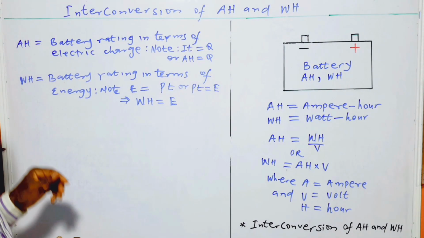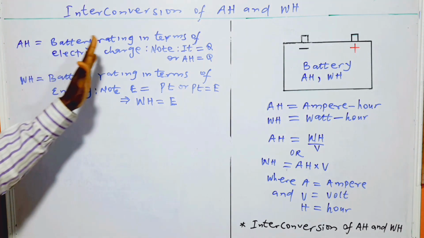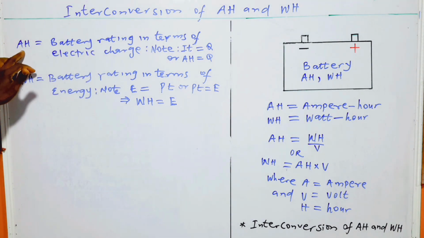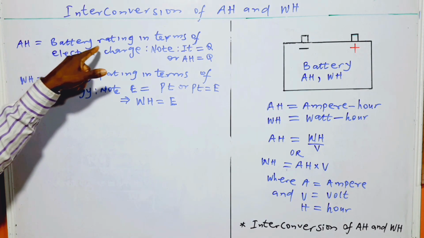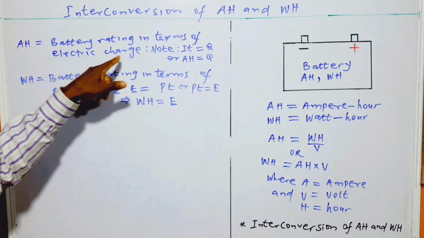Moving on, let us look at some fundamentals. AH, which is Ampere-hour, is the battery rating in terms of electric charge.